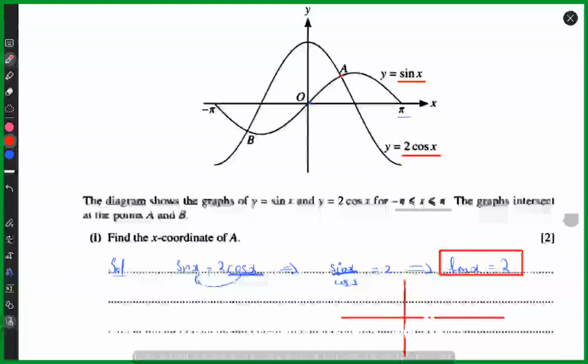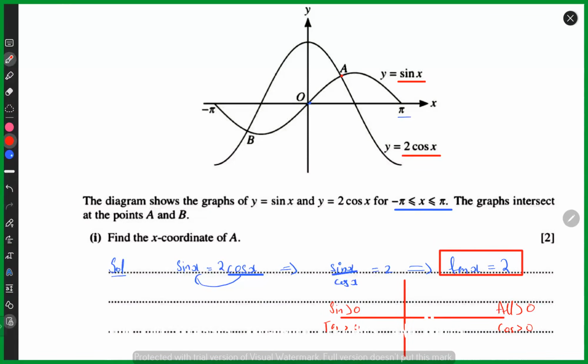This is all positive. Then we have sine positive. Then we have tan positive, and then we have cos positive. Can anyone tell me which quadrant should I look at for this part? Quadrant 1 and 3. Very good.